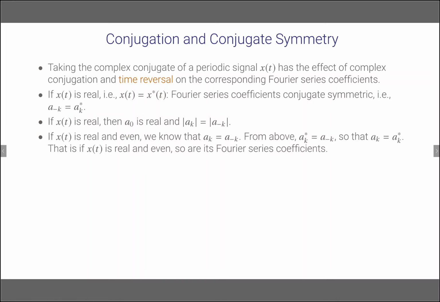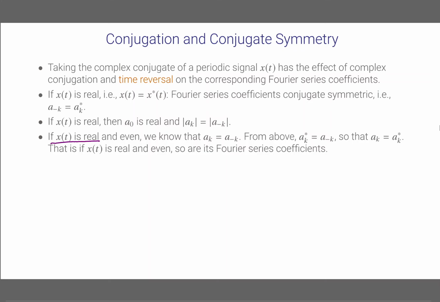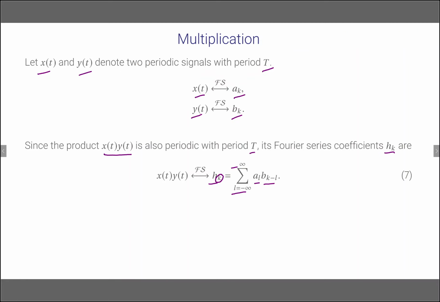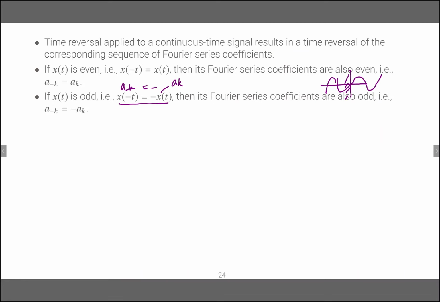If x(t) is real and even, now we know that x(t) is real, so we have this property, and also if it is even, we know that x(t) is equal to x(-t). So we know that a_k is equal to a_{-k} from the property that we saw previously on time reversal.